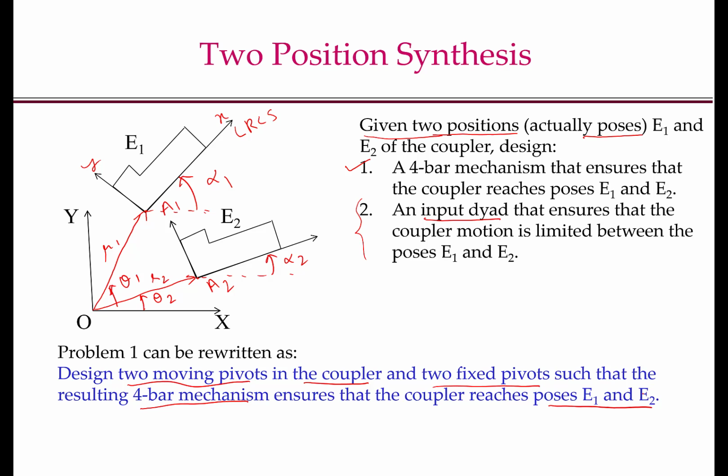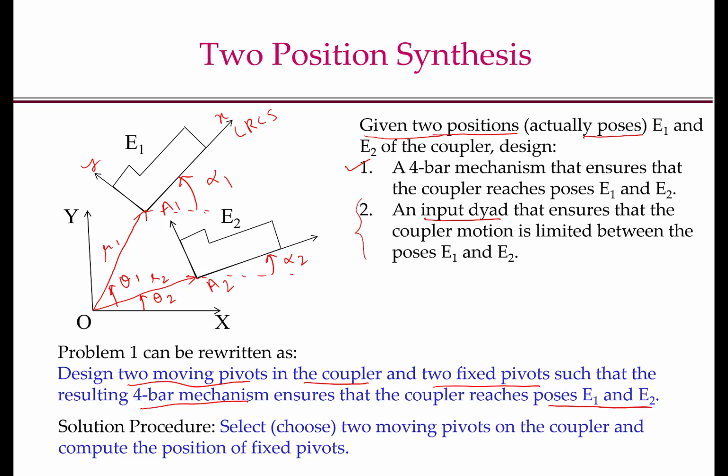And as we had done before, our strategy will be to select or choose the 2 moving pivots on the coupler and then compute the position of fixed pivots. In the case of graphical synthesis, we used a geometric construction procedure to find the position of the fixed pivots. In analytical synthesis, we will use algebra and trigonometry to find the position of the fixed pivots.